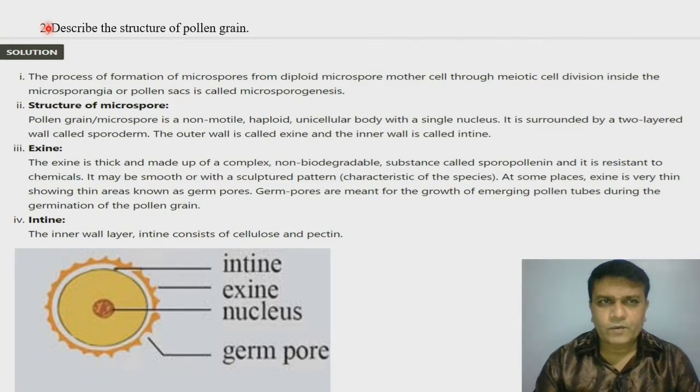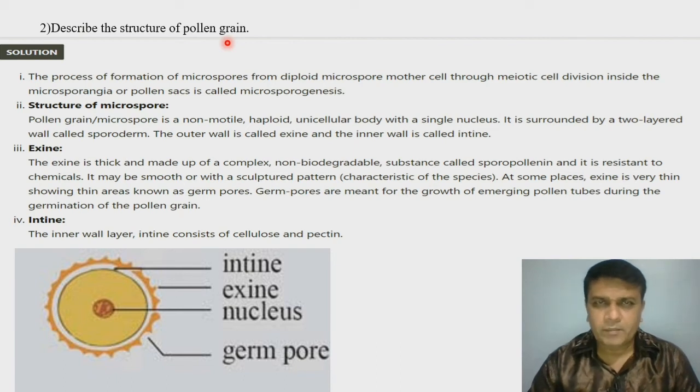Then the second question is, describe the structure of pollen grain. Now pollen grain is also called microspore. So in this question, while writing the answer, you will have to write 4 points, and also draw a neat labeled diagram.